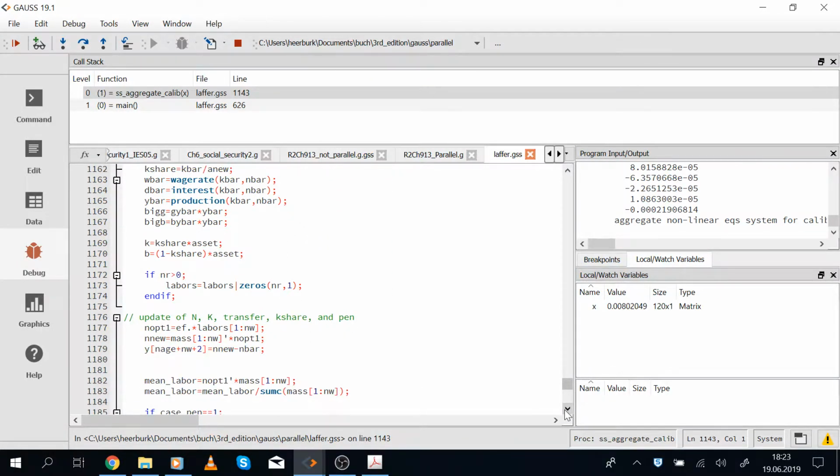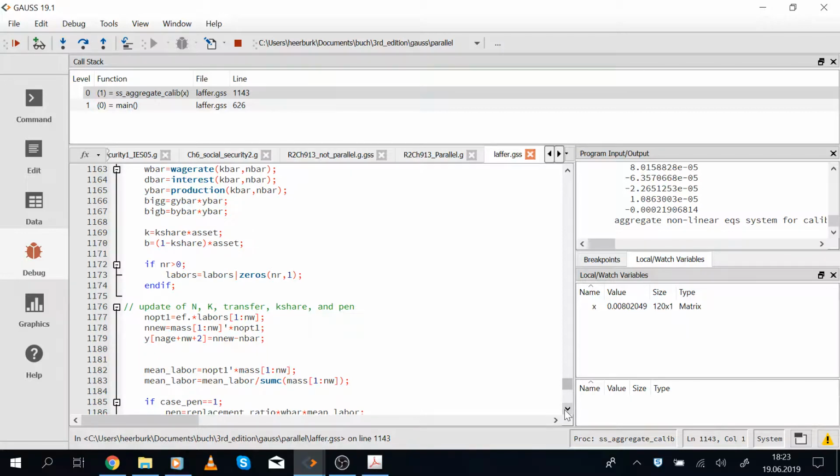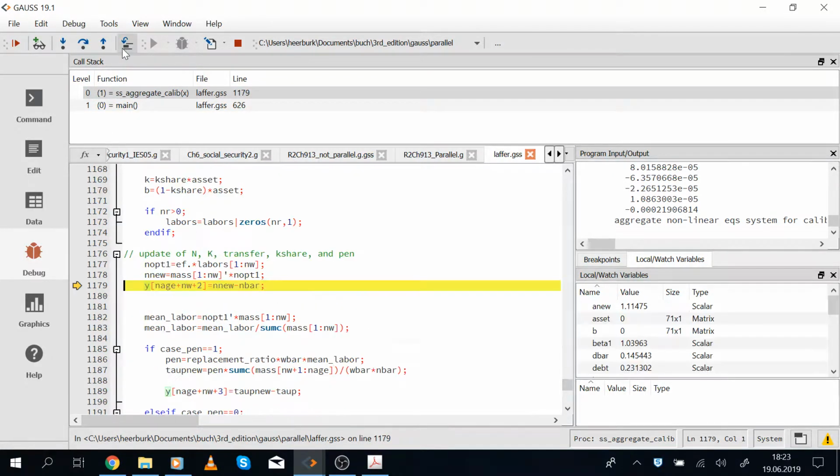So in this procedure, we add some new aggregate equilibrium conditions. So for example, in line 1197, let's go to this line, we add the condition that aggregate labor is equal to the sum of individual labor. So in line 1177 and 1178 we compute aggregate labor, effective labor, and in this line 1179 we specify the nonlinear equation that aggregate variable n bar is equal to the sum of the individual labor supplies n nu.